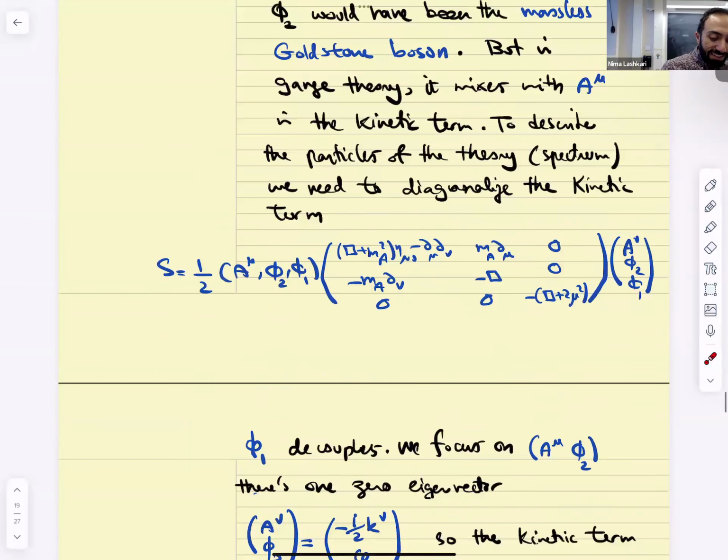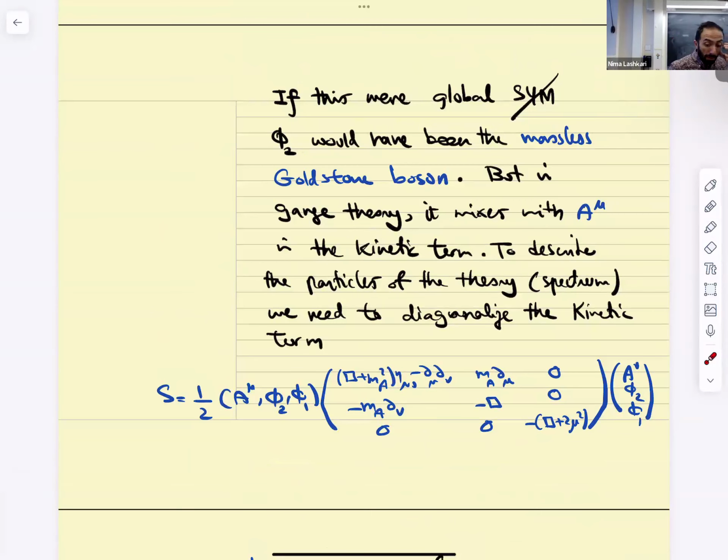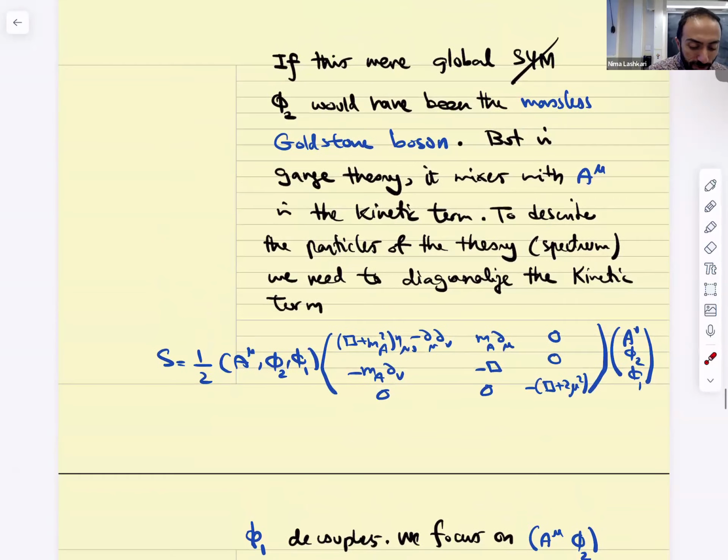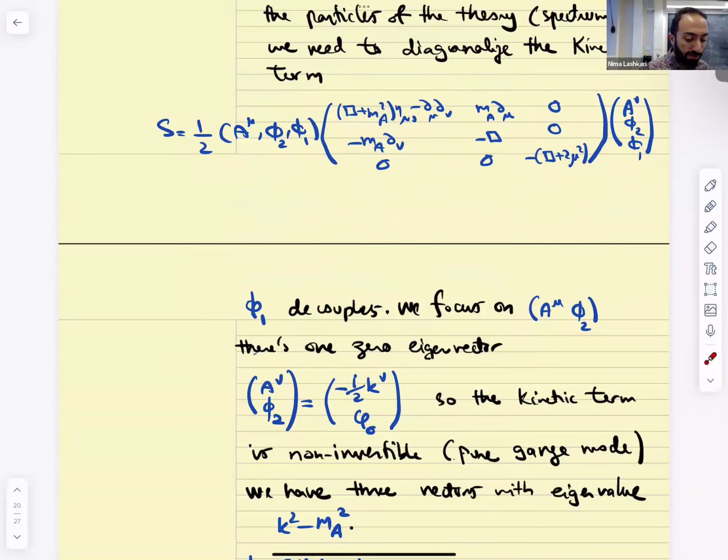So first thing, is this gauge invariant? Oh, actually, no. First thing to notice is that phi 1 decouples. Right? So phi 1 and phi 2, their story is very separate from the other. Phi 1 decouples completely. So I can focus on A and phi 2. Is this gauge invariant?